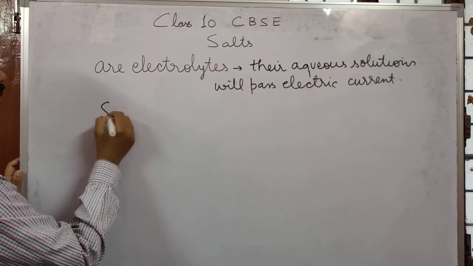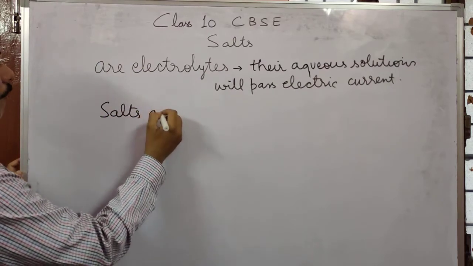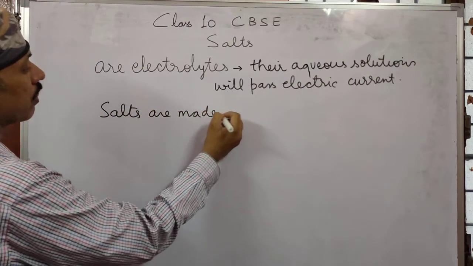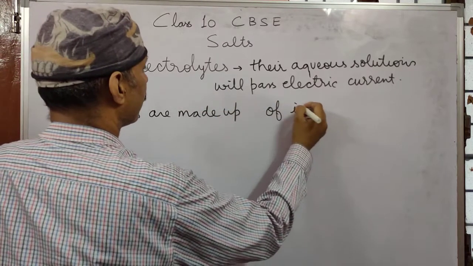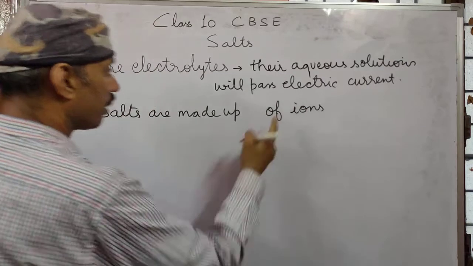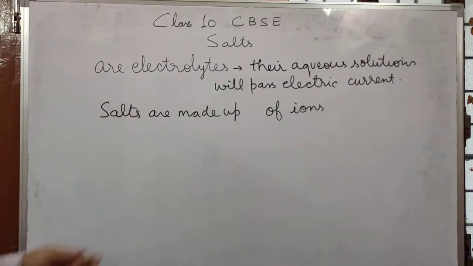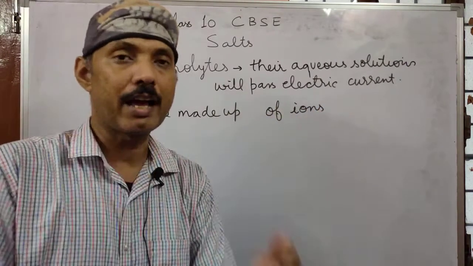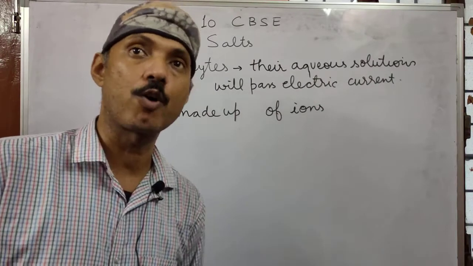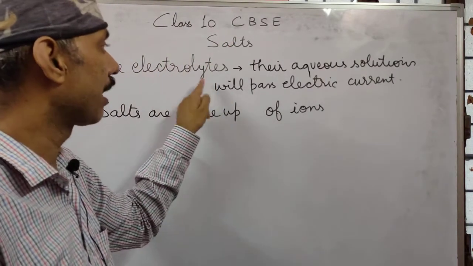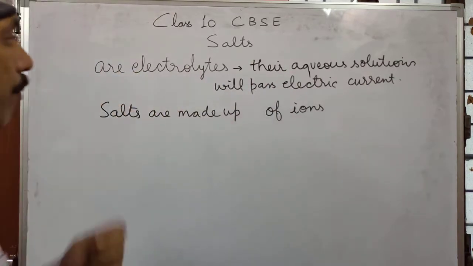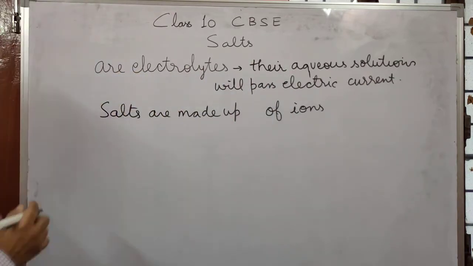So these salts are made up of ions. Now these ions, when you add water, become free ions, and those free ions are important for this phenomenon, that is, salts are electrolytes. Their aqueous solution will pass the electric current.